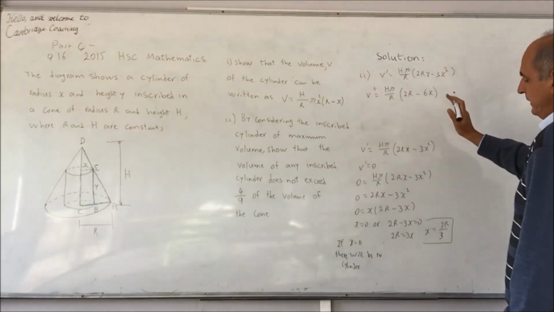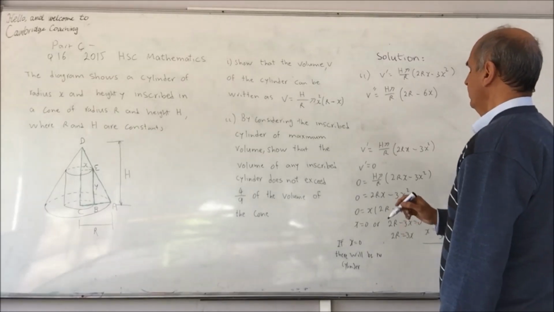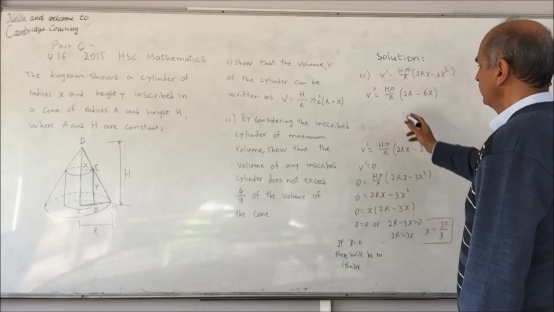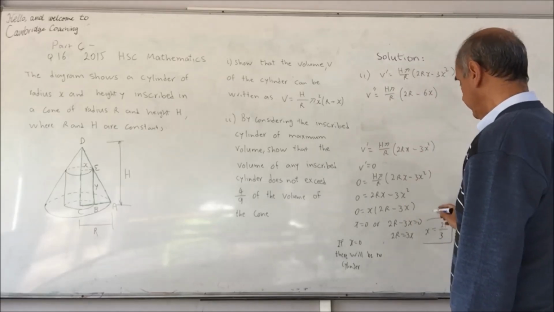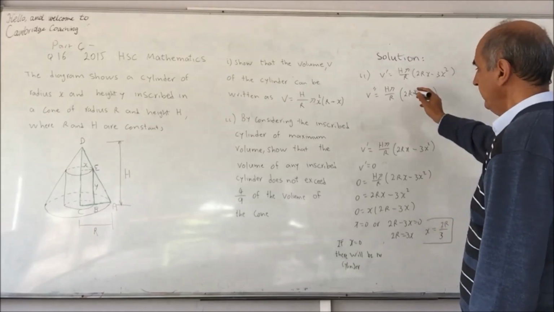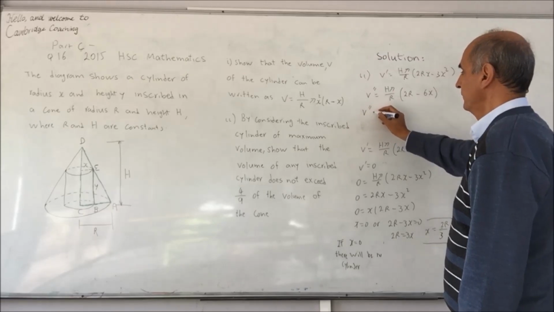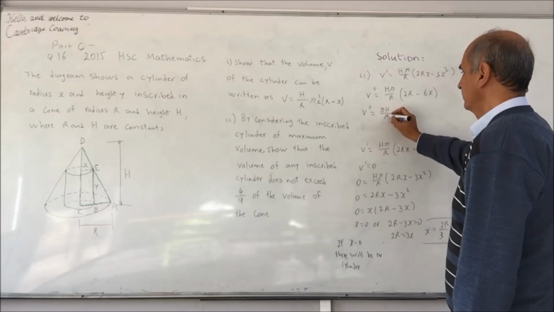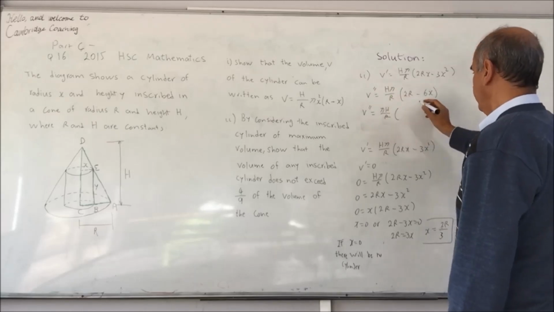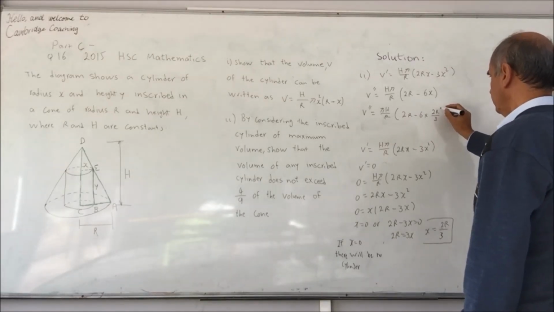Alright, we are trying to see whether this x value gives a maximum or minimum value. To be a maximum, this should give a negative value for the second derivative. This x value, when I substitute here, should give me a negative value for V double dash. So let's do it. So pi h on r times (2r minus 6 times 2r on 3).